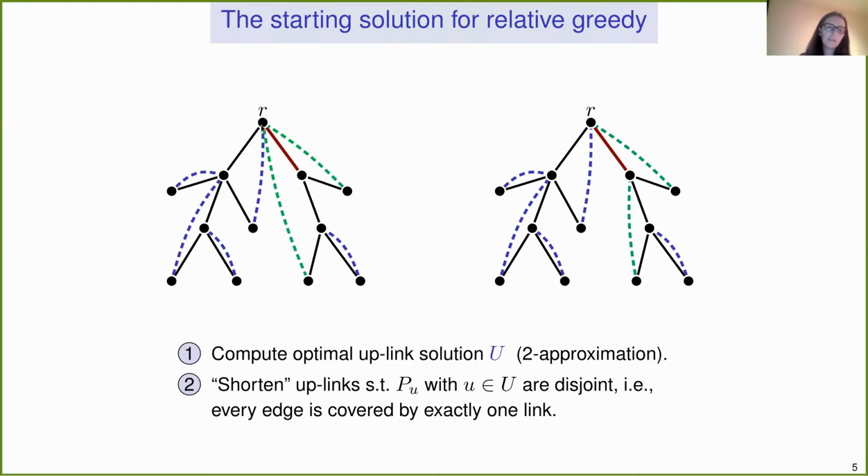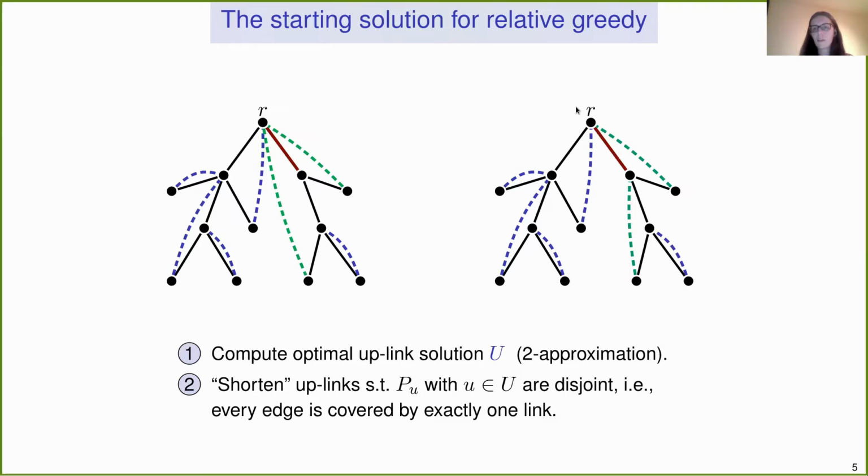So, for example, in this picture on the left, you can see this brown edge is covered by two of the uplinks, namely by those two green ones. In order to make sure that this brown edge is covered by exactly one of the uplinks, we shorten one of those two green links, meaning basically moving one endpoint along that brown edge, such that we end up with a picture like here on the right.